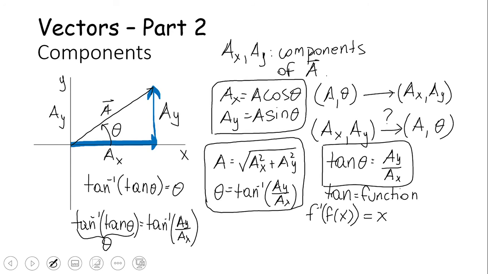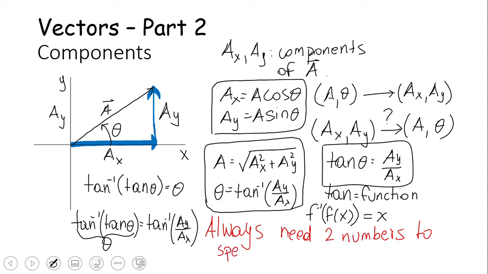Now I want to emphasize here an important point. Whether you know the components or you know the magnitude and the angle, you always, and this is very important, need two numbers to specify a vector. Why is it two numbers? Well, because we're dealing with vectors in 2 dimensions.